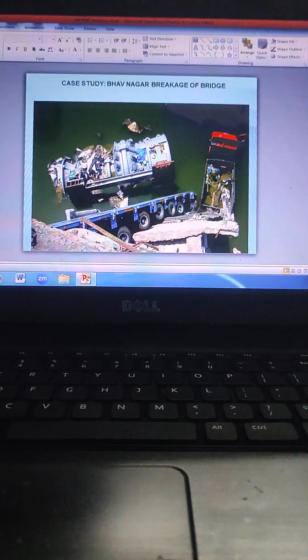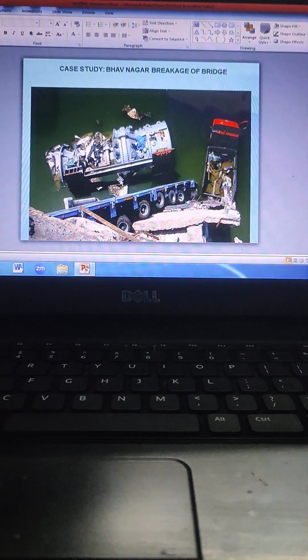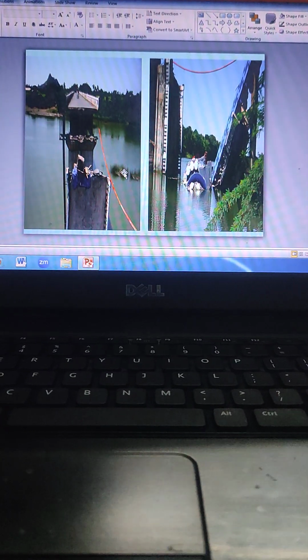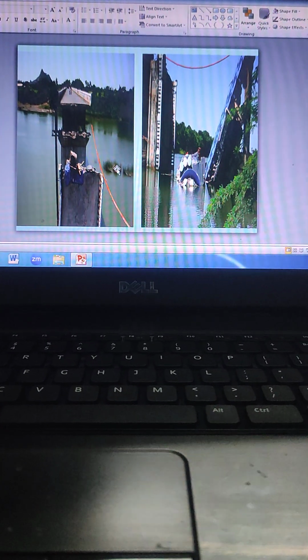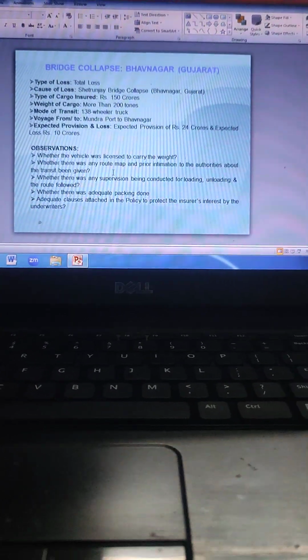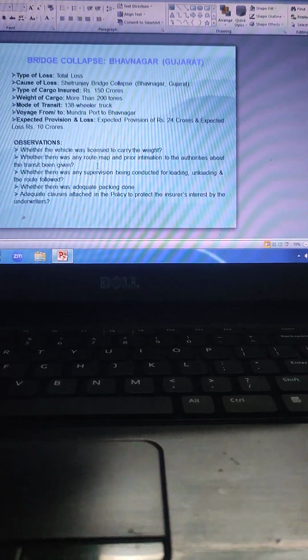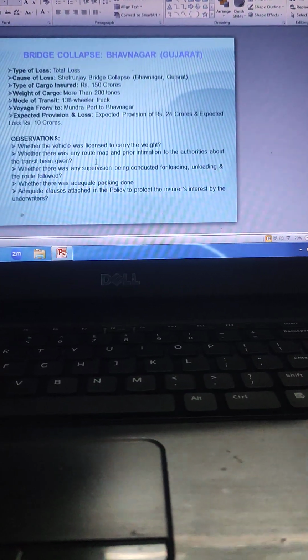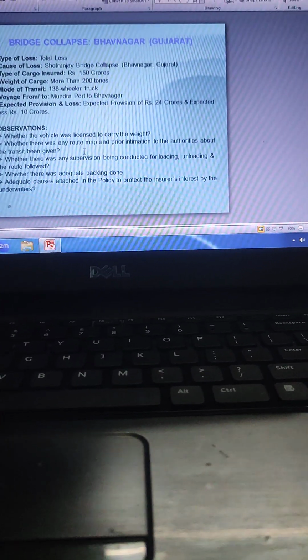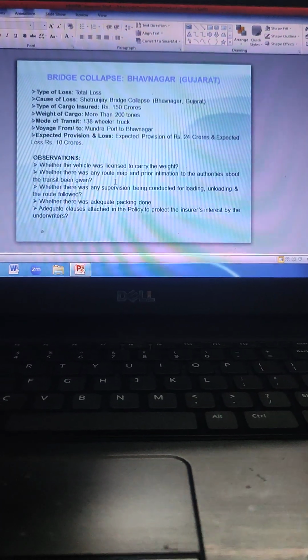This is the case study of Bhavnagar, breakage of bridge, where the bridge was broken and heavy loss of goods was there. Type of loss: total loss. Cause of loss: bridge collapse, Bhavnagar, Gujarat.